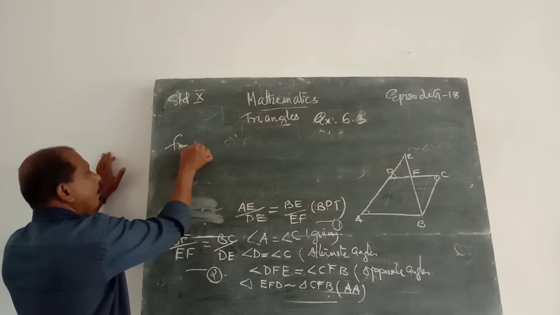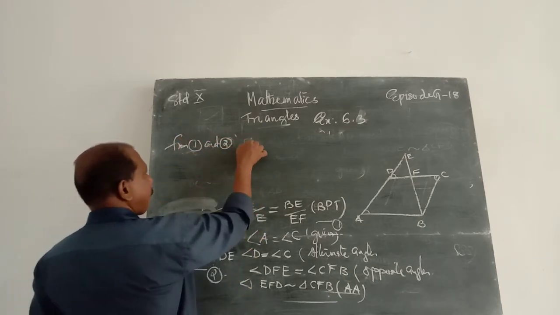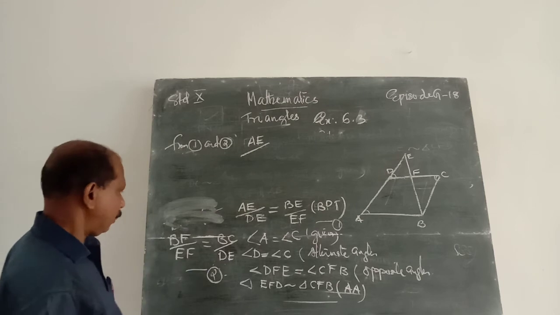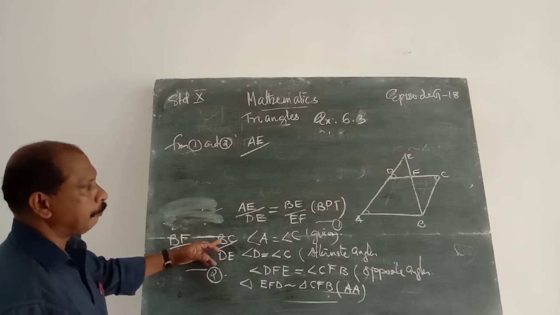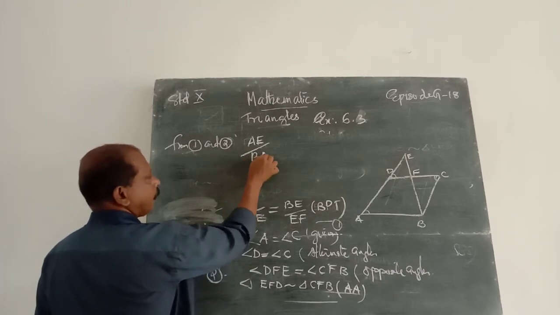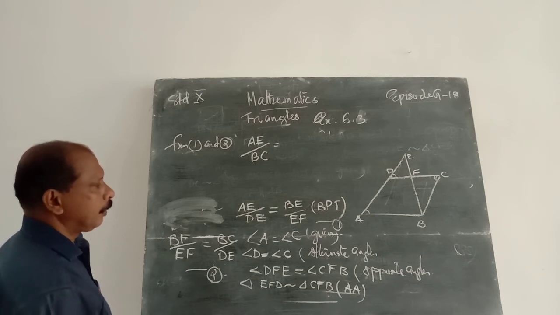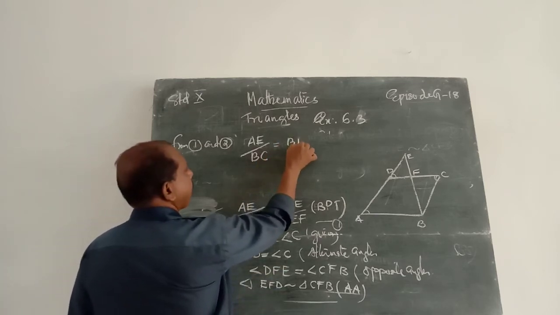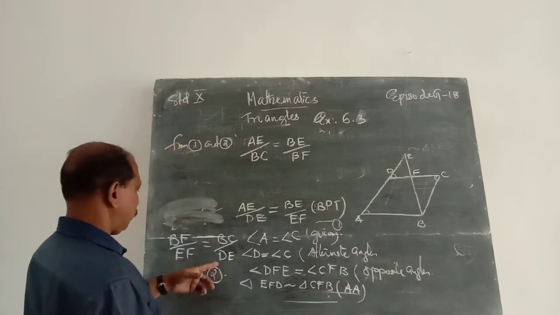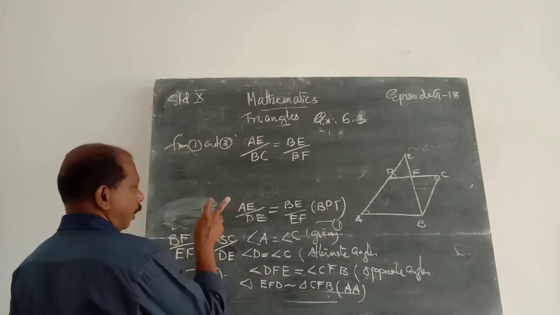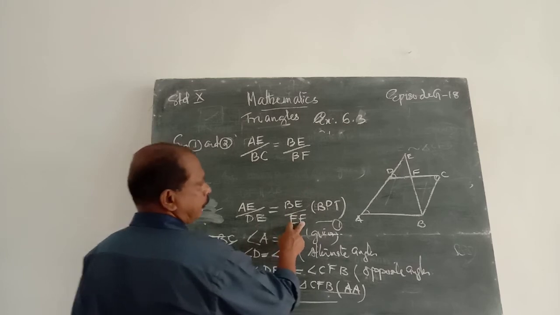From 1 and 2, AE by DE is replaced by BC, and BE by EF is replaced by BF, so AE by BC is equal to BE by BF.